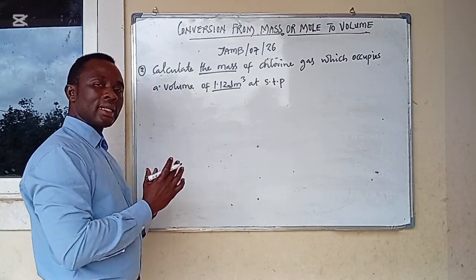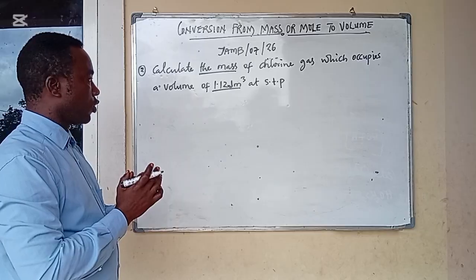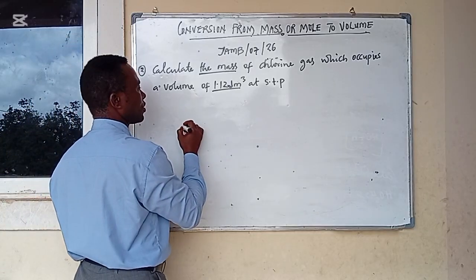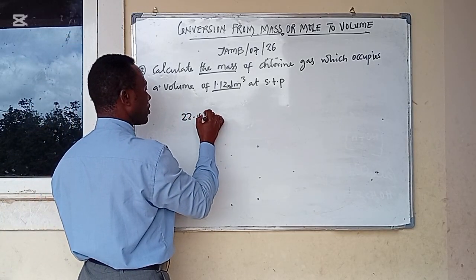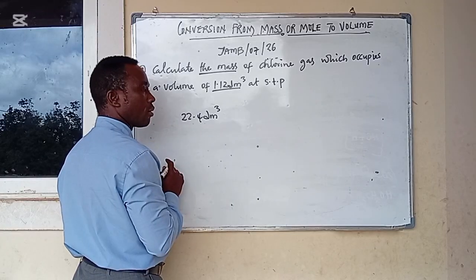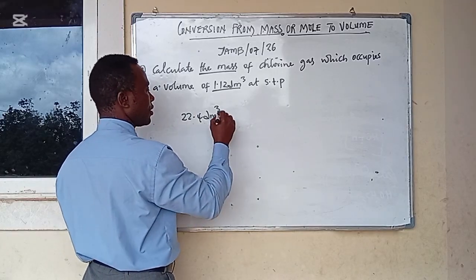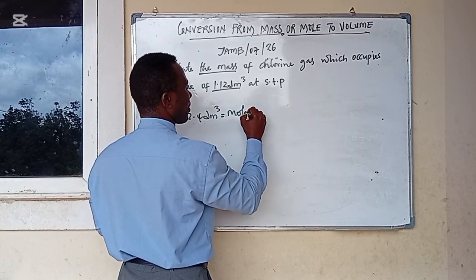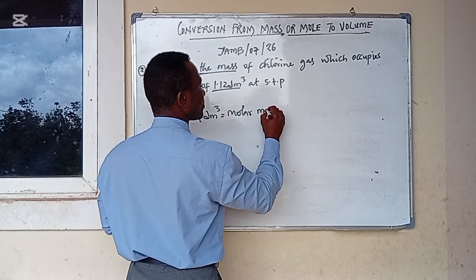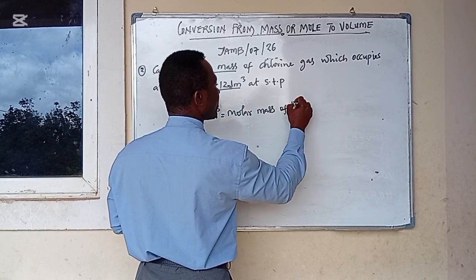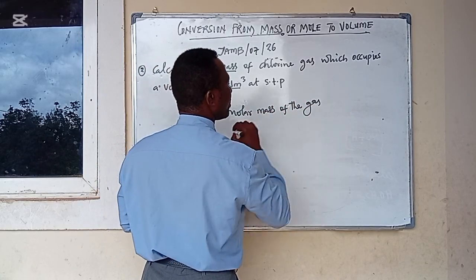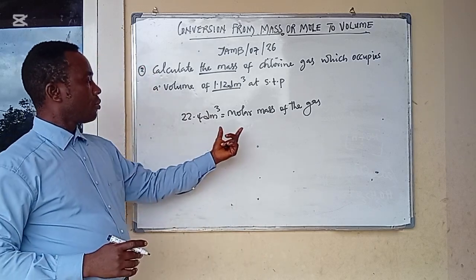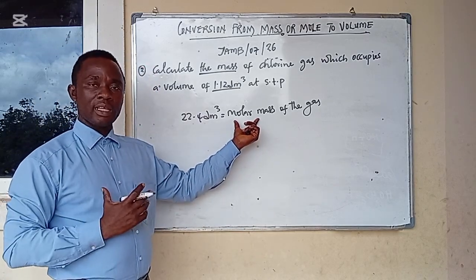How do we relate mass to volume? We know that 22.4 dm cube of any gas is equal to the molar mass of the gas, because the molar mass of any gas is 1 mole of the gas.